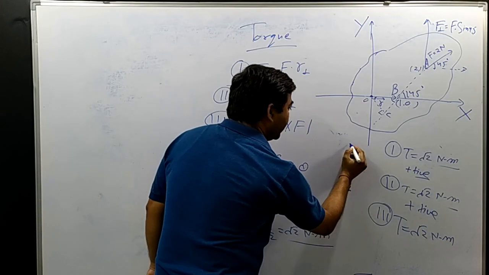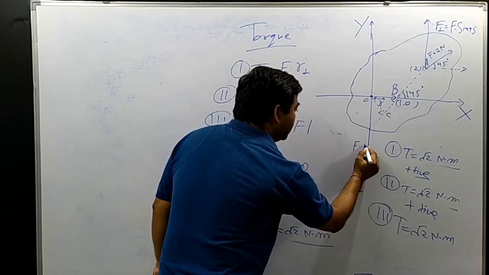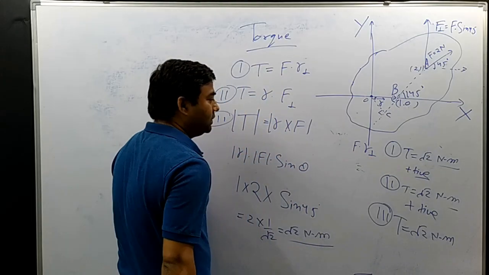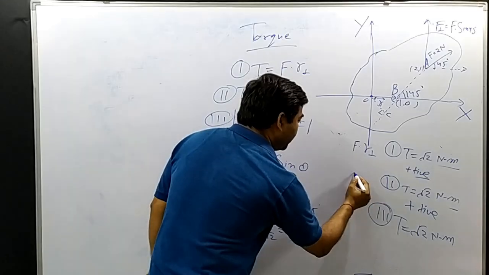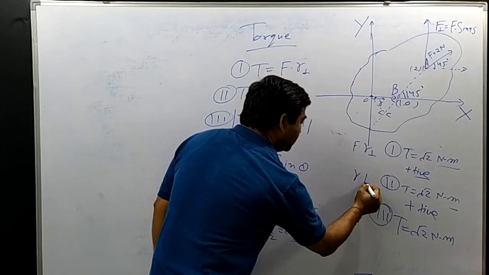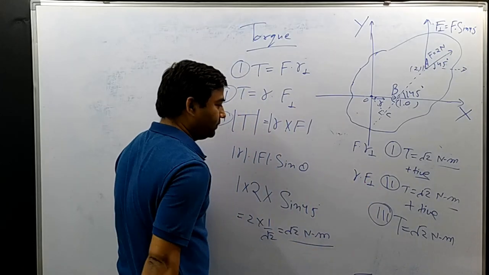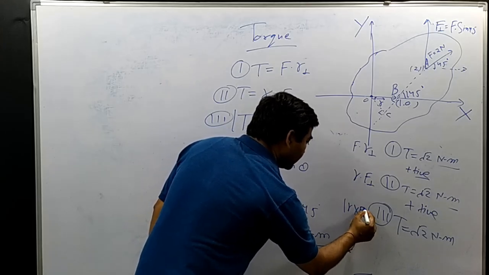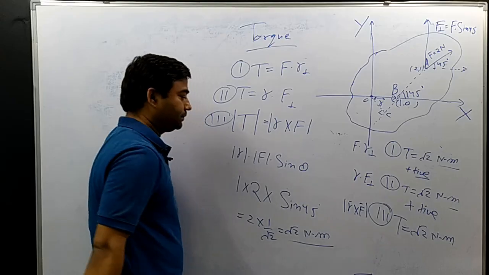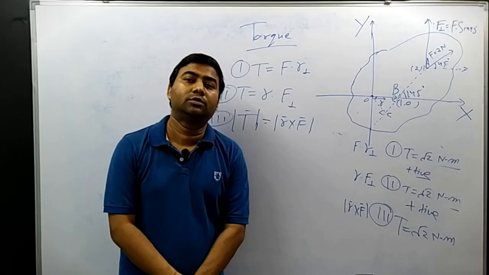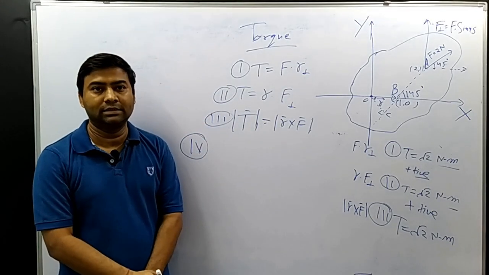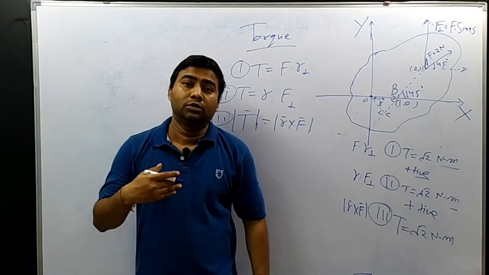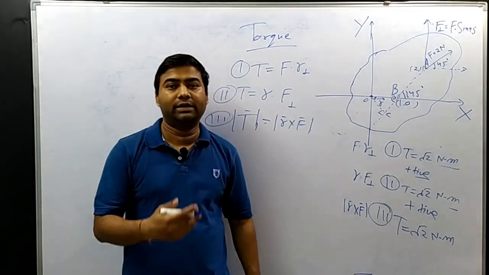So this has been found by F into arm of lever, this has been found by R into perpendicular component of F, and this has been found by modulus of R cross F. Fourth method to find the torque is by using the right-handed unit vector system.